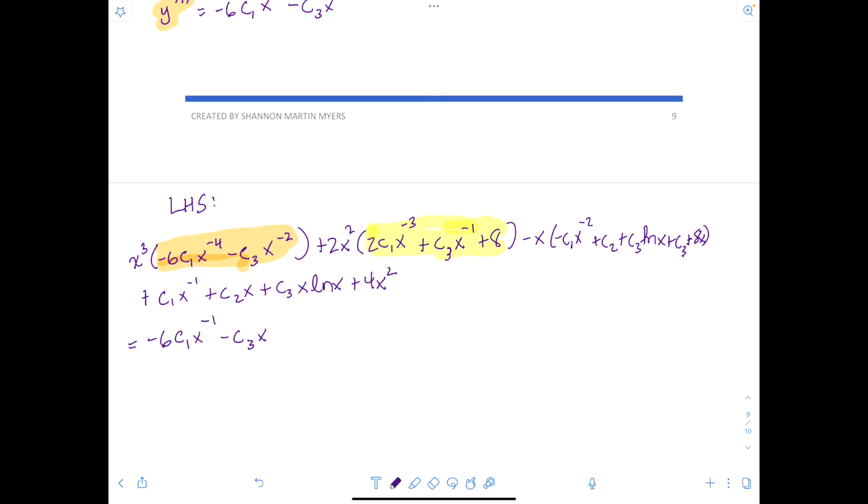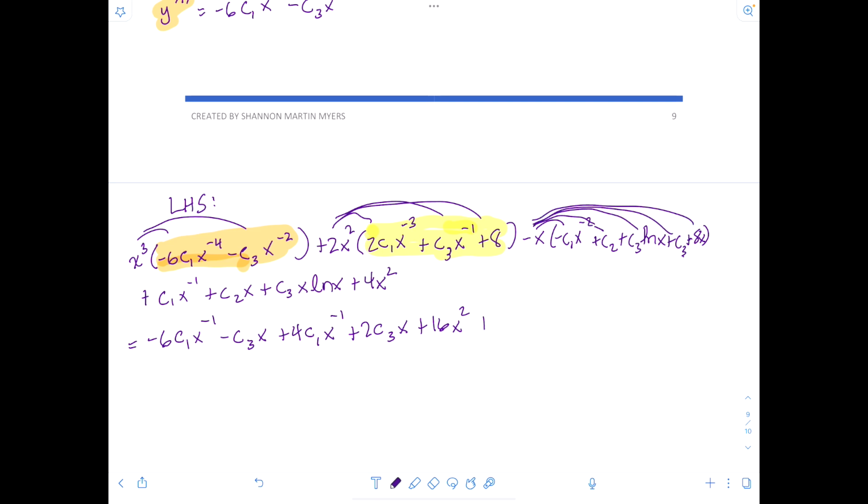And then plus 4 c1 x to the negative 1. So at first I distributed the x cubed. Now I'm doing the 2x squared. And we will have plus 2c3 x to the 1 plus 16x squared.